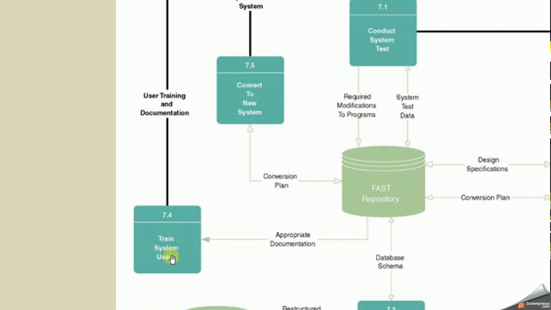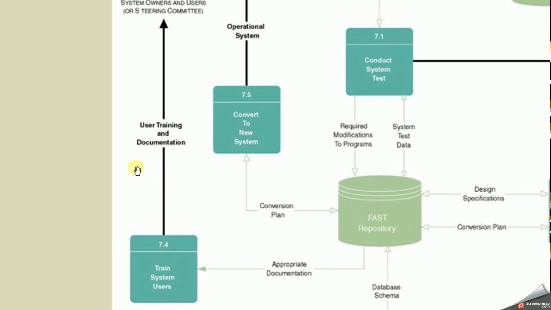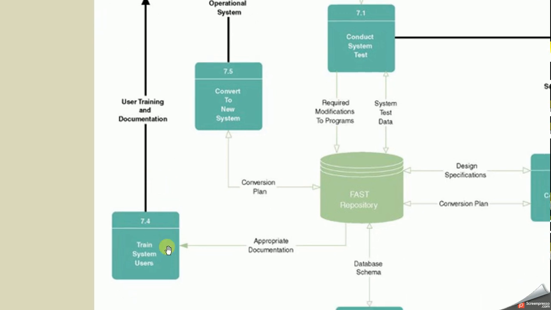Next, we need to train the system users on the new system. So we take the appropriate documentation, and user training and documentation are shared with the steering committee, steering body. We train the system users. We need to free up their time.